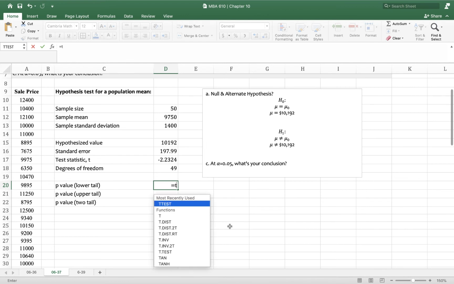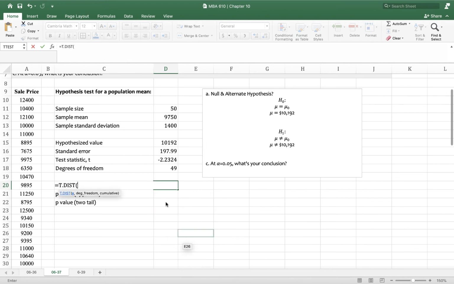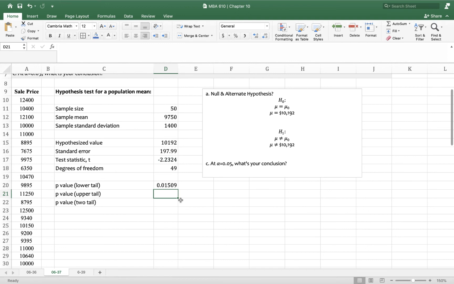So we're going to do equals, and then we want the t-distribution function. And x is our test statistic t, and the degrees of freedom are our calculated degrees of freedom here. And then we want a cumulative distribution function. I'm going to close my parentheses, and I'm going to get 0.01509.